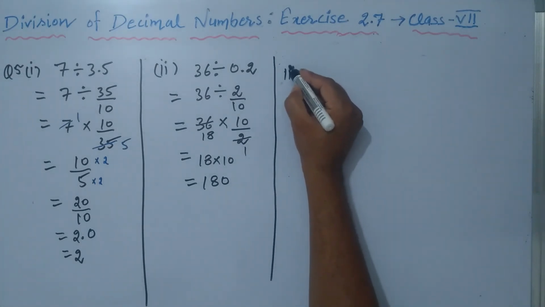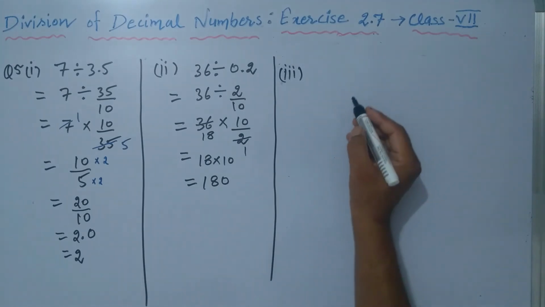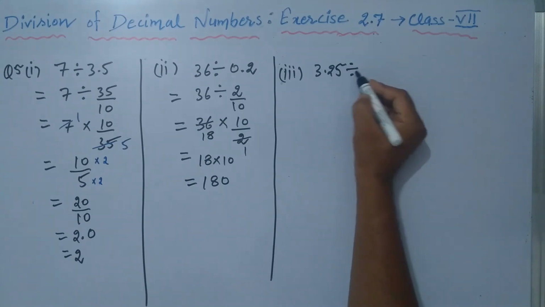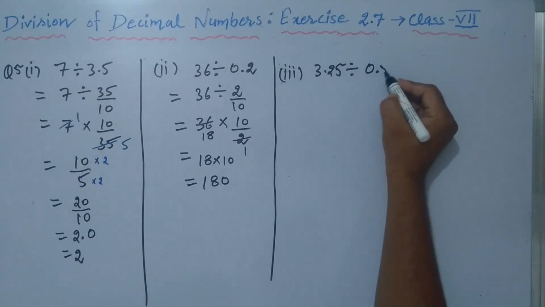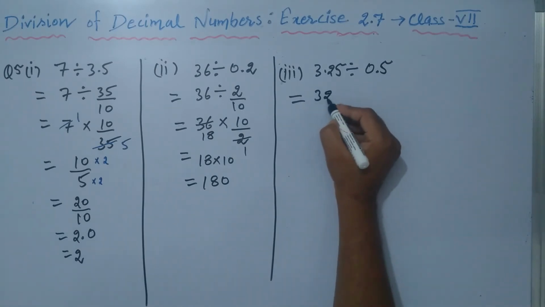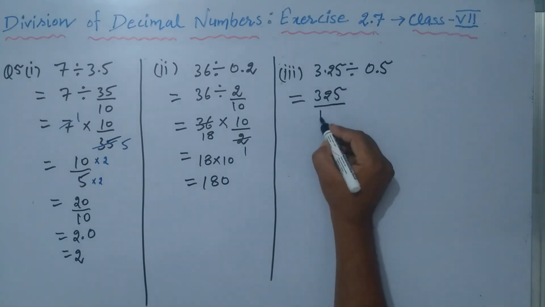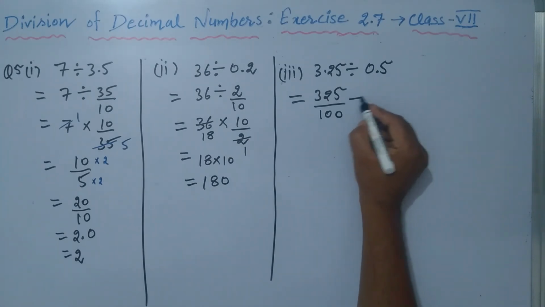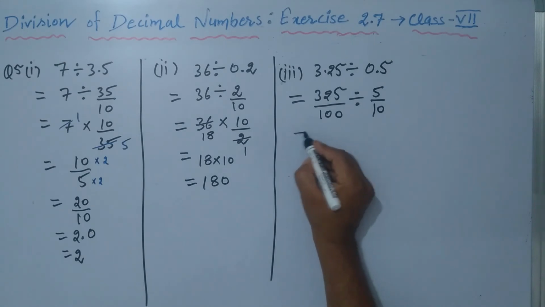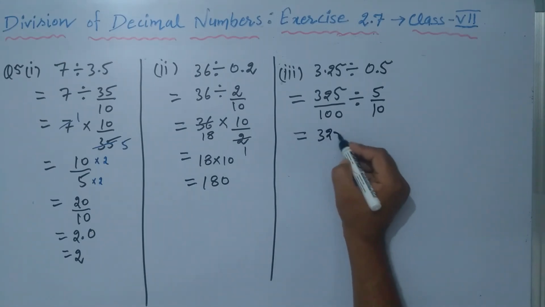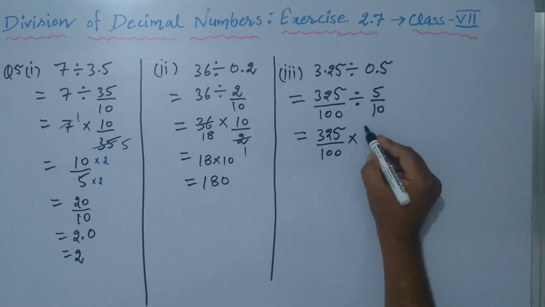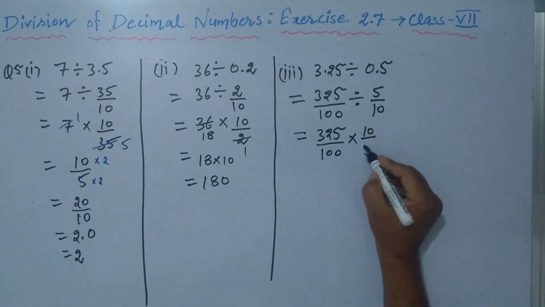Third part is 3.25 divide 0.5. This means 325 divide 100 divide 5 upon 10. So this means 325 divide 100 into 10 upon 5.